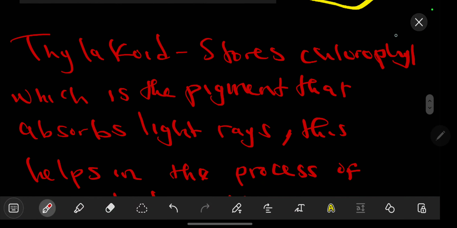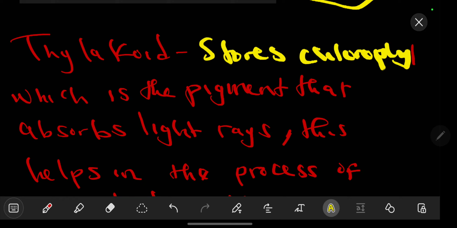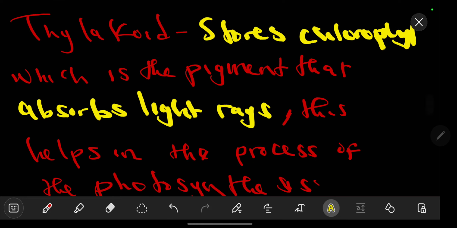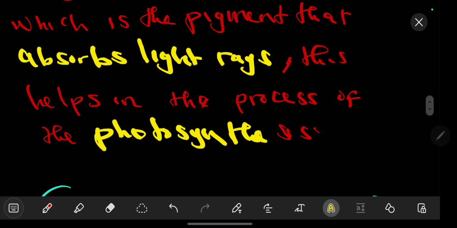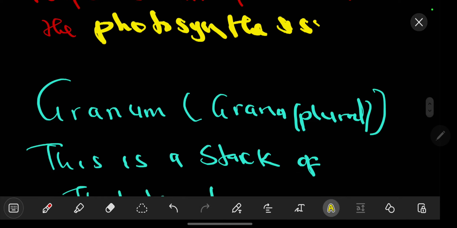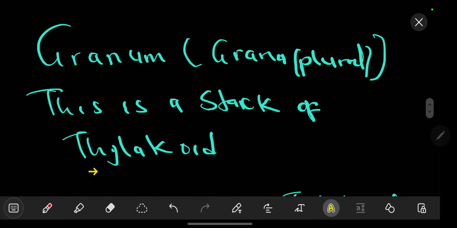Let's review. As we said, our thylakoid stores chlorophyll, which is the pigment that absorbs light rays. This helps in the process of photosynthesis. Then we have the granum, the plural is called grana. This is a stack of thylakoid.